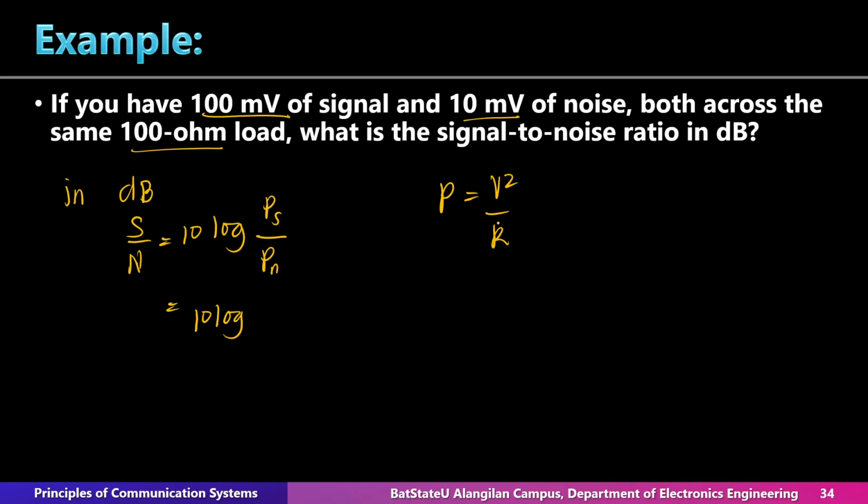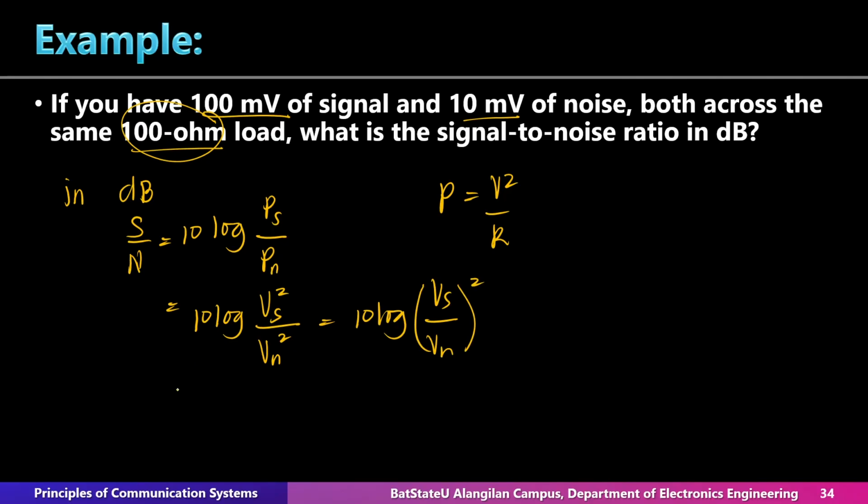But, for both the signal and the noise, the voltages are measured across the same 100 ohm load. So, the resistors will cancel, leaving us with V of the signal squared divided by V of the noise squared. Okay, which can be expressed as 10 log of Vs over Vn, both squared.